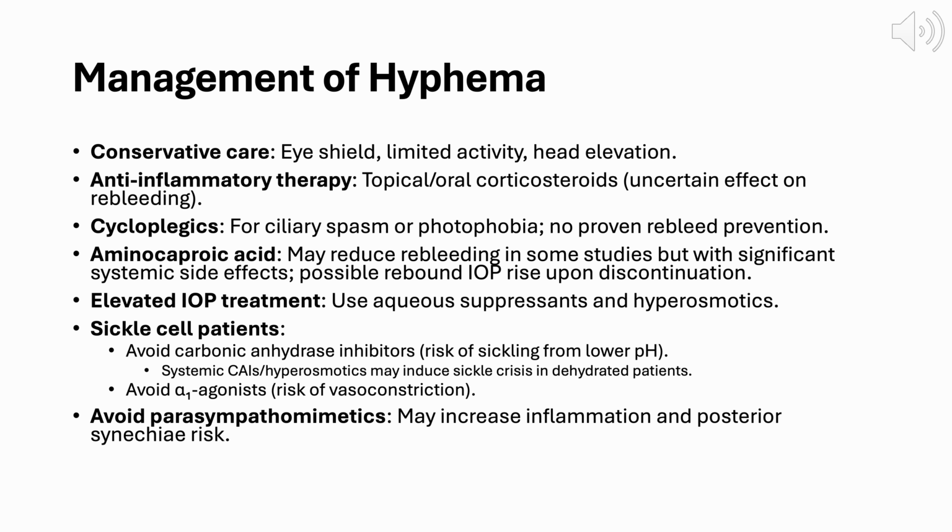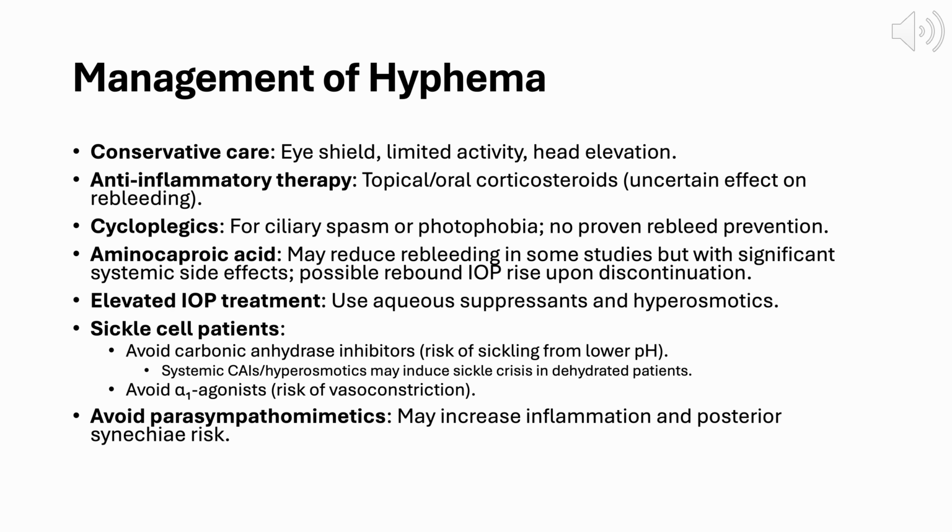When managing hyphema, the first step is conservative care. Patients should use an eye shield, limit activity, and keep the head elevated. Anti-inflammatory therapy can include topical or oral corticosteroids, although their effect on preventing rebleeding is uncertain.